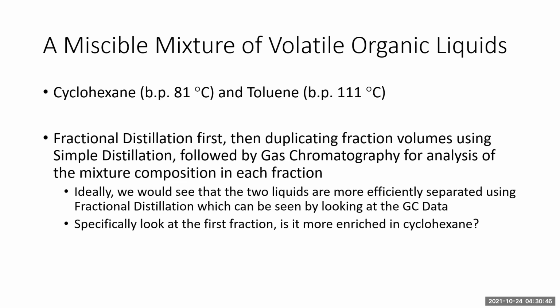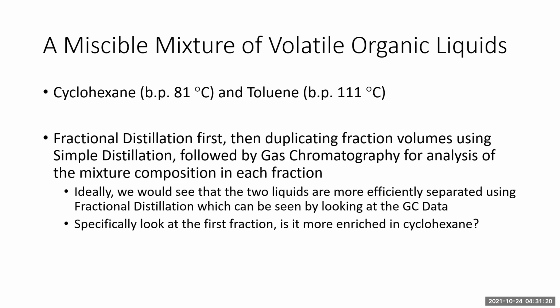And so we're going to be comparing fractional distillation and simple distillation in terms of its ability to separate these two liquids. So the way that we're going to do that is by doing the fractional distillation first. And then we're going to duplicate the fraction volumes that we collected in the fractional distillation on the second day using a simple distillation. So we're going to essentially collect the same number of fractions and the same fraction volume.